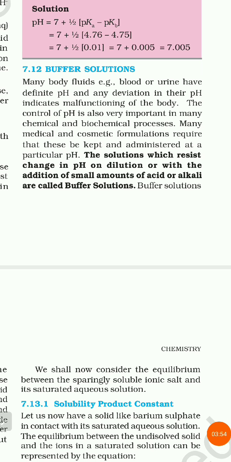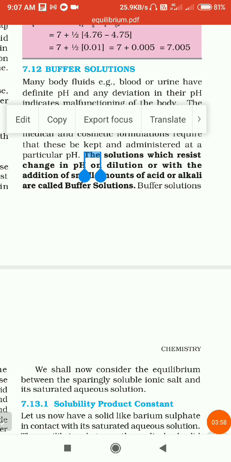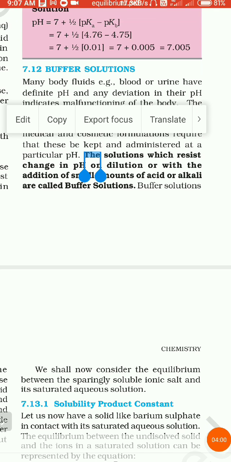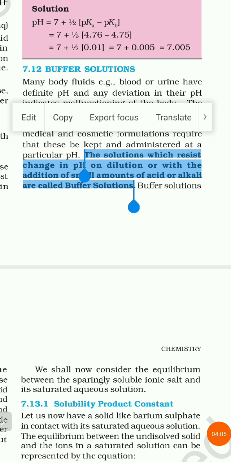Just look here once. How do you define a buffer solution? The solutions which resist change in pH on dilution or with the addition of a small amount of acid or alkali are called buffer solutions.